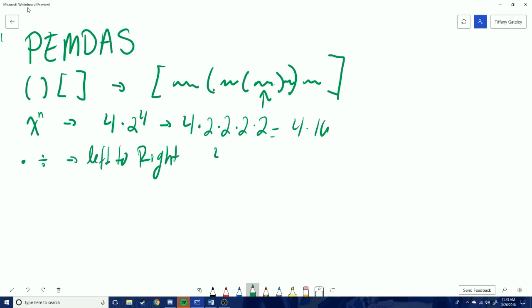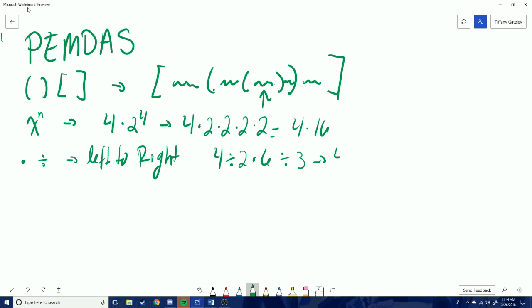So if like you have 4 divided by 2 times 6 divided by 3, you don't do the 2 times 6 first. That's wrong. You just do it left to right. Because with multiplication and division, especially division, you can change division to multiplication if you do the reciprocal of the second number.